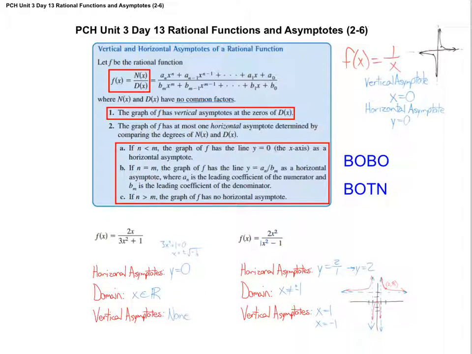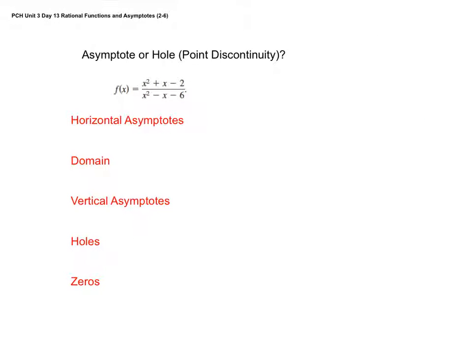So we asked this question earlier: what's going to happen if we do have some common factors? The answer, first of all, is that we need to cancel those out before we do anything else. And that's where we get to asymptotes versus holes. Those common factors are what give us holes in our graph.